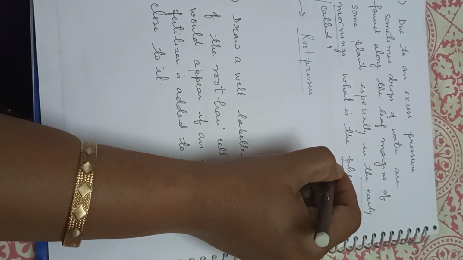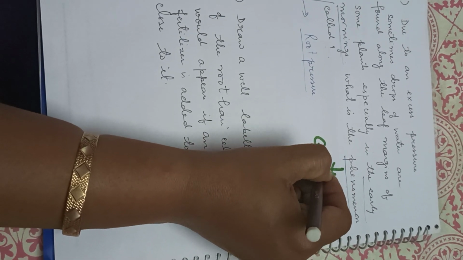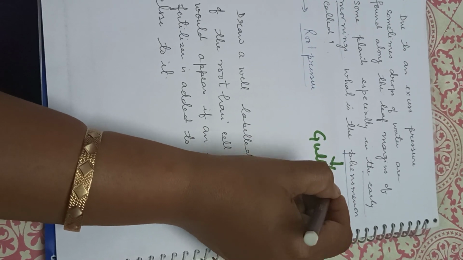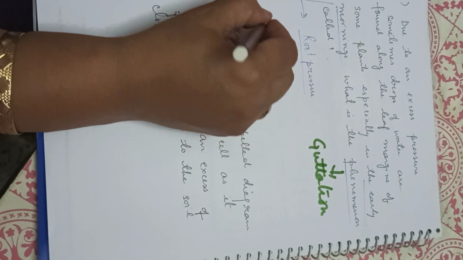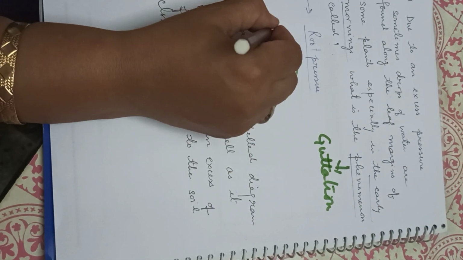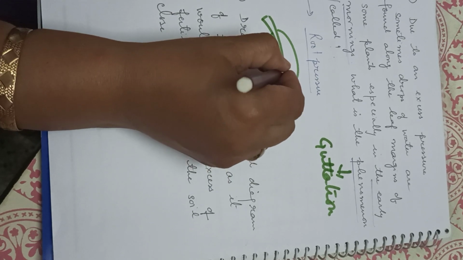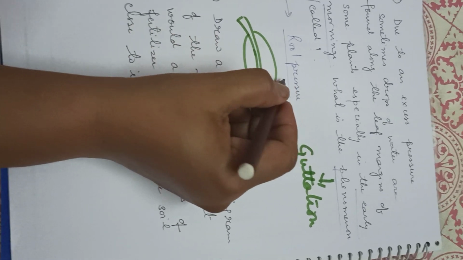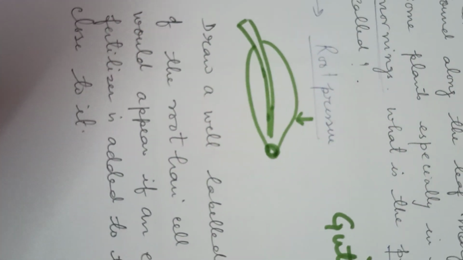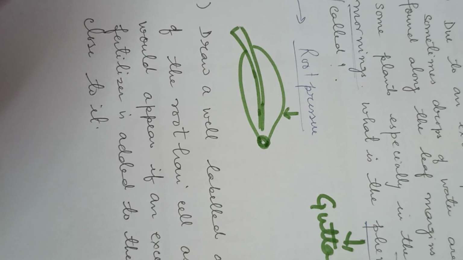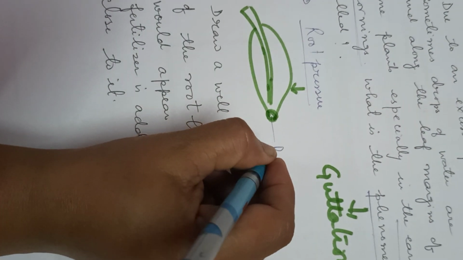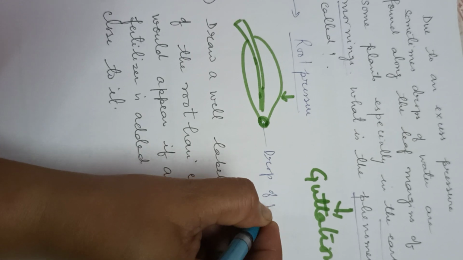So this phenomenon is called guttation, G-U-T-T-A-T-I-O-N. You can observe that in a few leaves like arum, this water droplet appears at the margin of the leaf, and the exact reason for this is root pressure. So this is actually a drop of water.